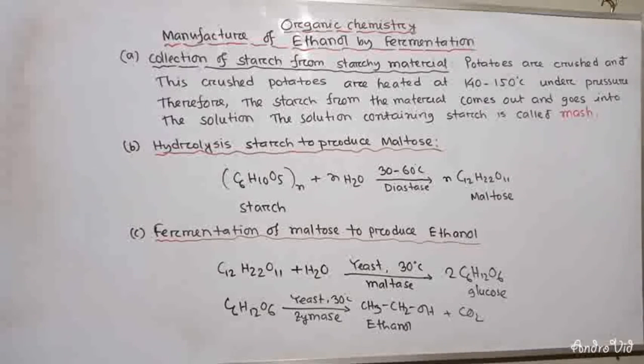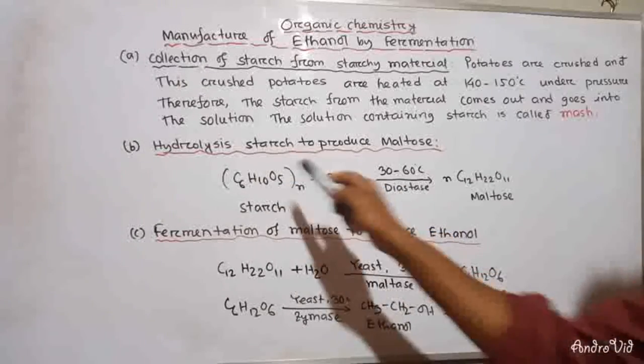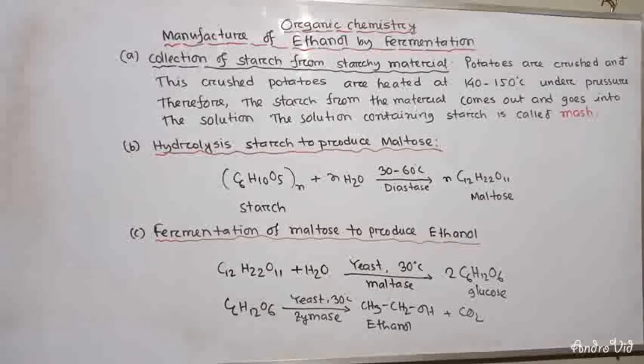So by this way you will be able to get ethanol. Briefly, first you have to obtain starch from the starchy material and find out mesh. Then the mesh will supply the diastase enzyme, which will convert the starch solution into maltose.